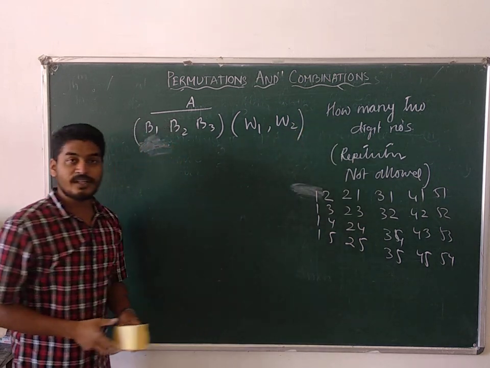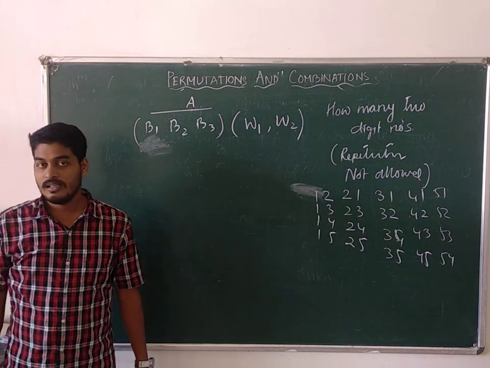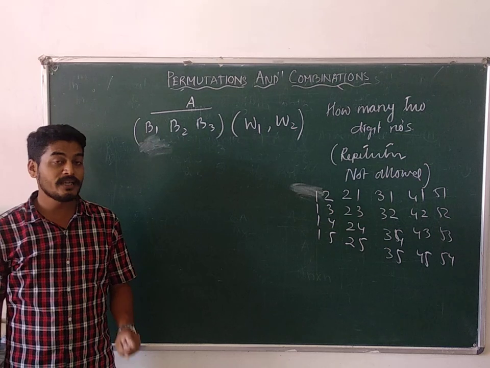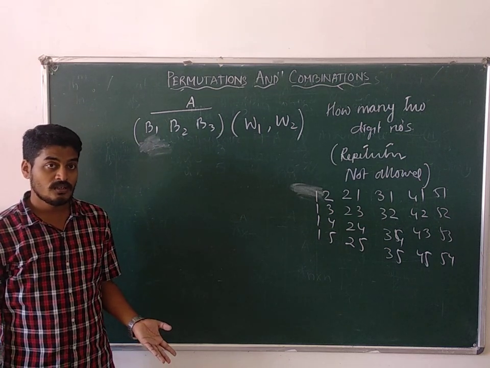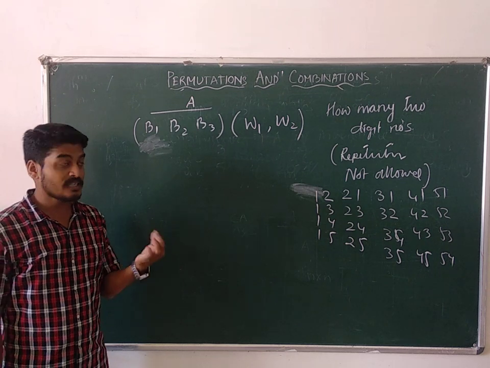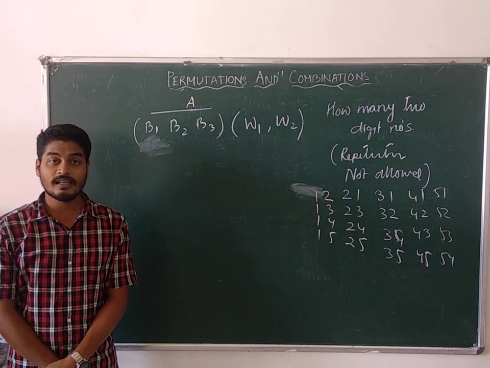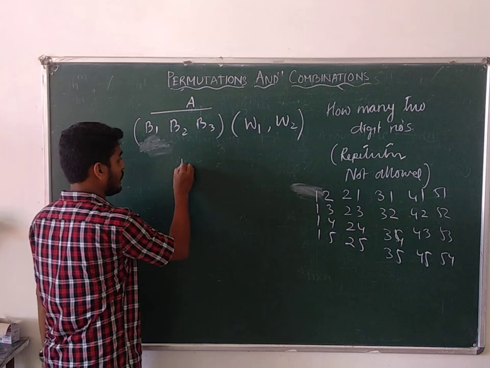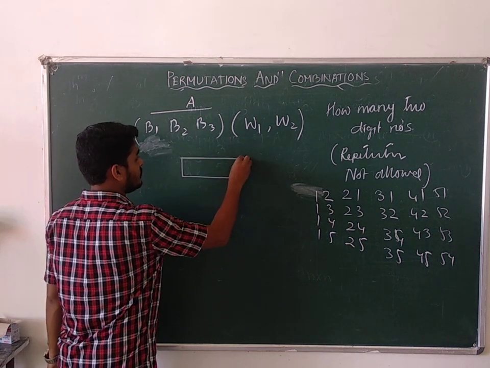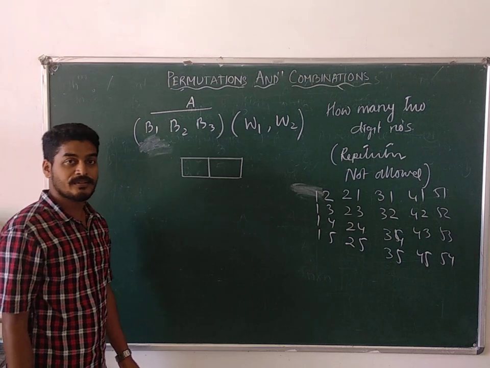How many different ways can he consider one bag and one bottle? Suppose the student has to go to his school. Before going to school, he has to select a bag as well as one water bottle. So how many different ways can he make one pair?